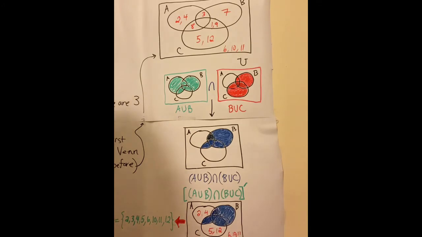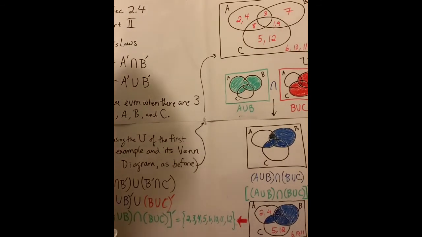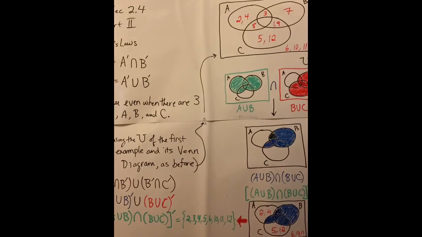Going back over to the answer, writing it in roster form with one slight correction. Can you see what I should be correcting? Let me stand over here so I don't put a shadow on it. What's in the complement of that set? 2, 4, 5, 12, 6, 10, 11.